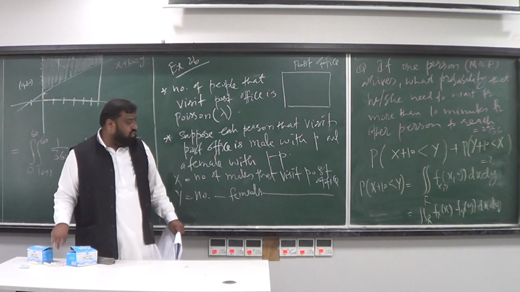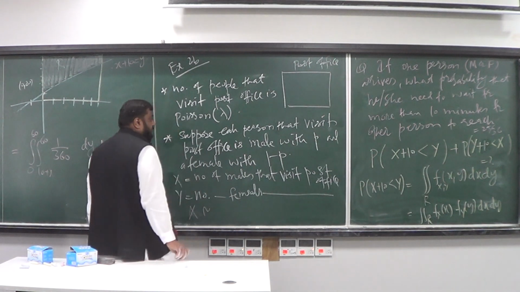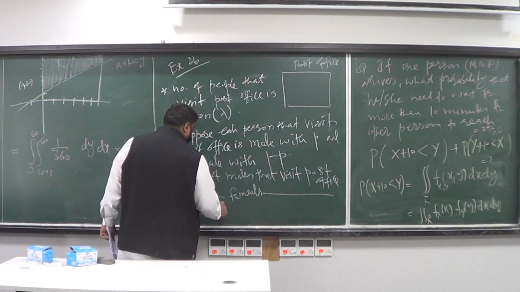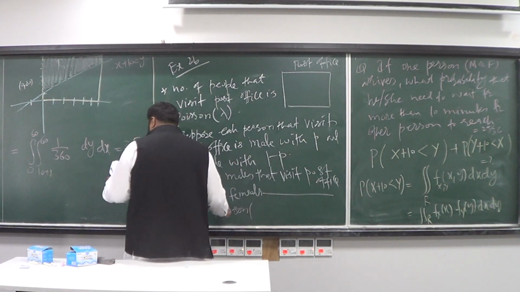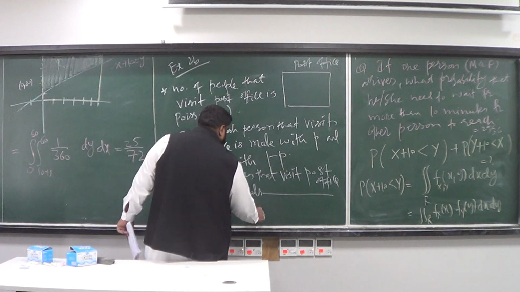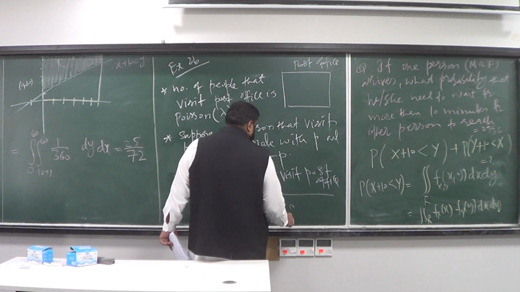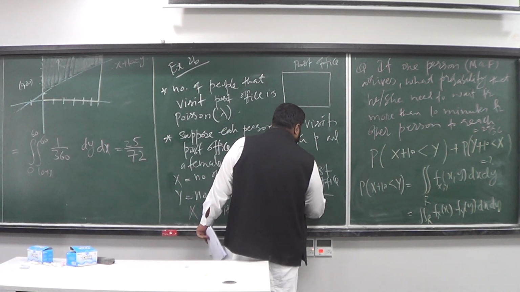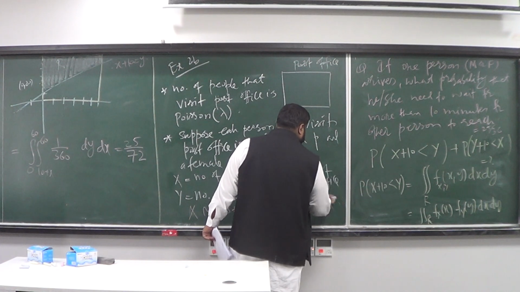It is also known that X follows the Poisson distribution with the parameter lambda P, and Y also follows the Poisson distribution with the parameter 1 minus P times lambda.